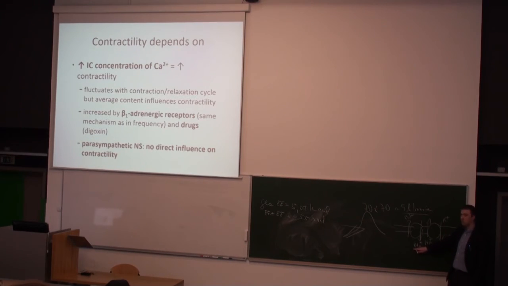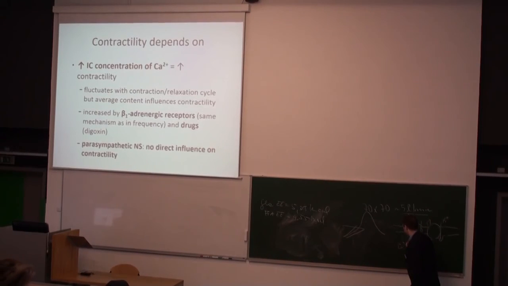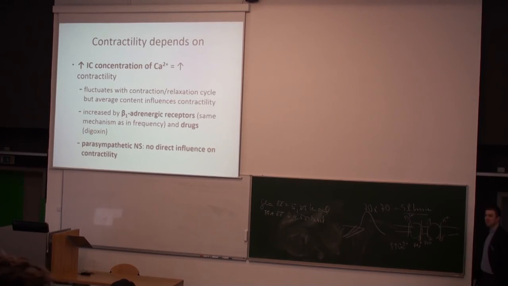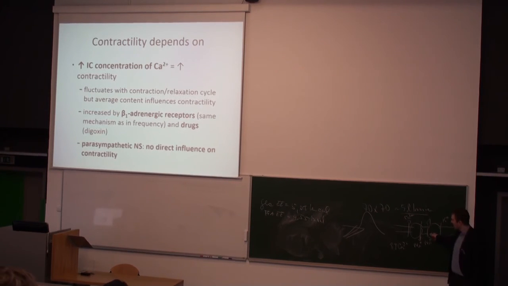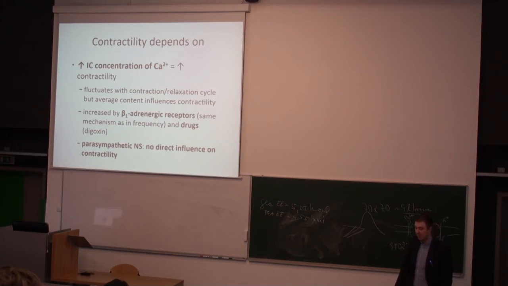Simply, you have a lower gradient for sodium. So the result of digoxin action is that you increase intracellular calcium. Simply, it cannot be pumped out of the cell. So digoxin is the drug that blocks the Na/K ATPase, and therefore in the heart it increases the contractility.